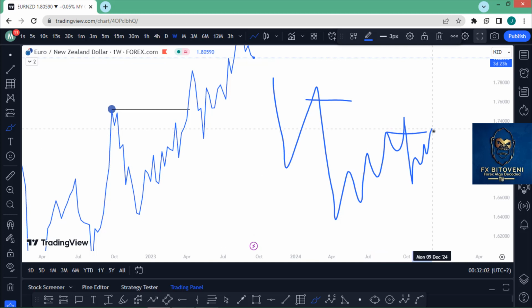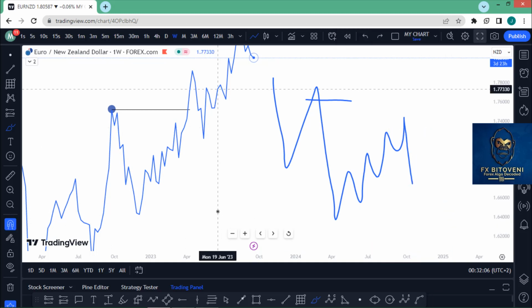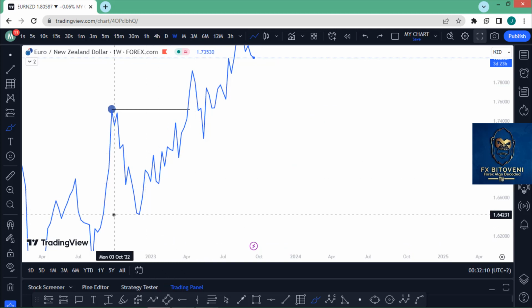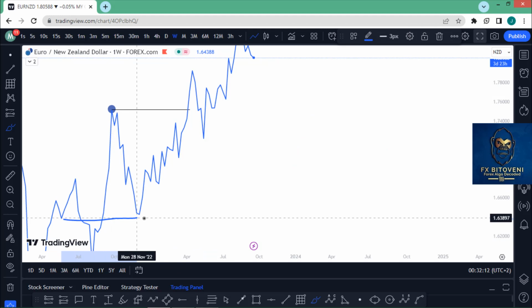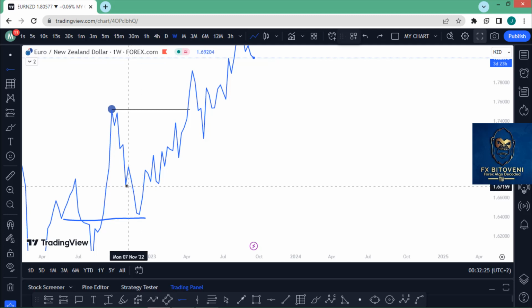Just follow this one and continue the move as long as you can spot it on your line chart. The same here. Let's say you miss the move here, then market breaks. After market is breaking, market creates an invalidation point here. You just have to use that to find a setup.